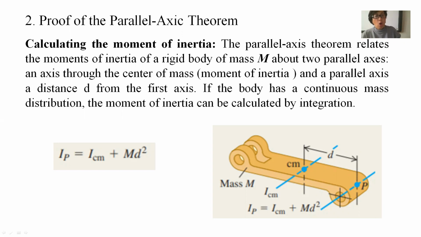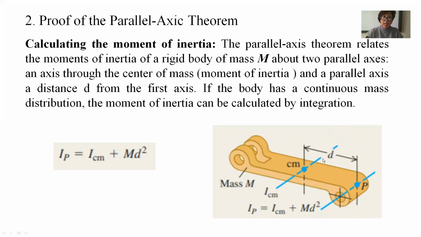We know the parallel axis theorem relates the moment of inertia of a rigid body. In this configuration, we have a rigid body of mass m about two parallel axes. This is one parallel axis through the center.